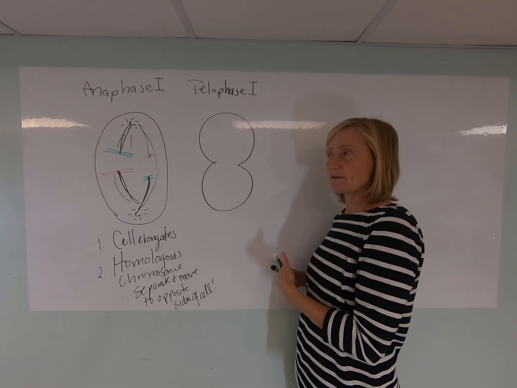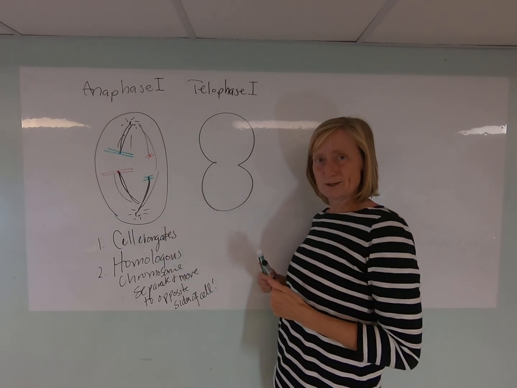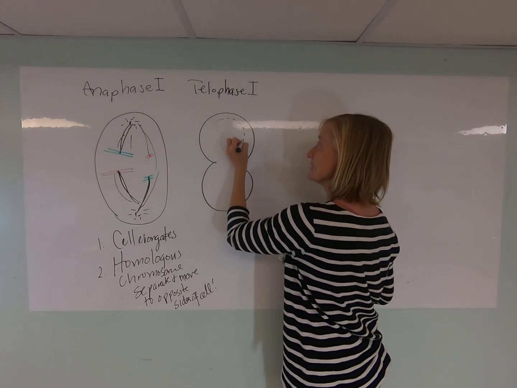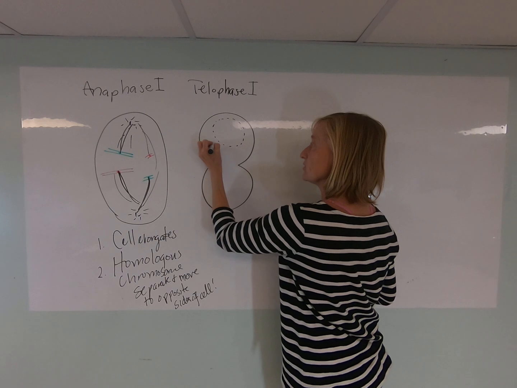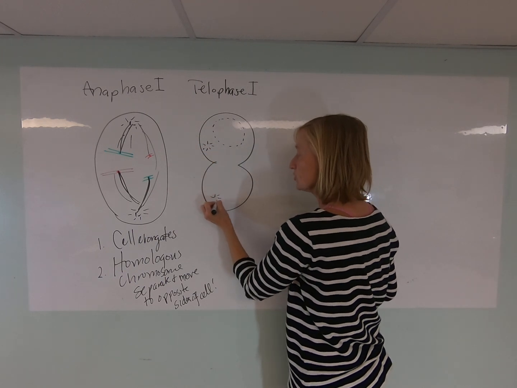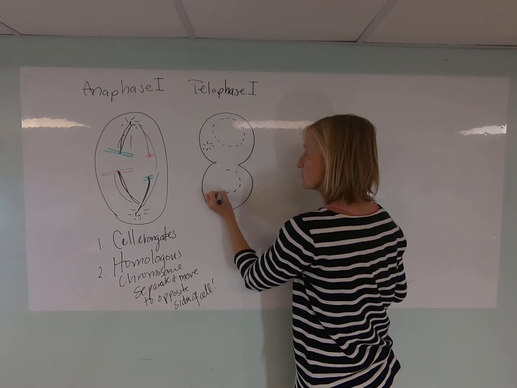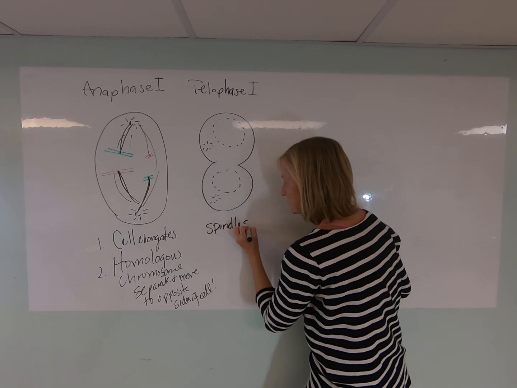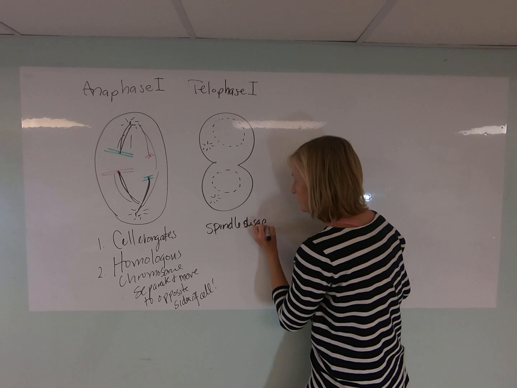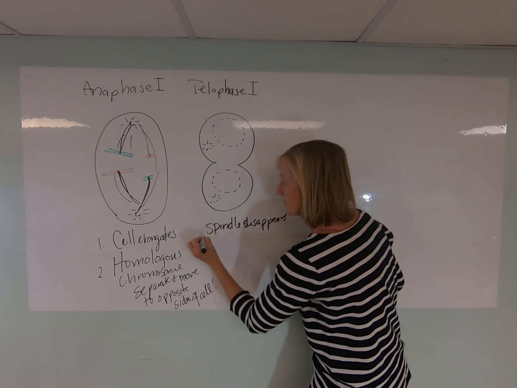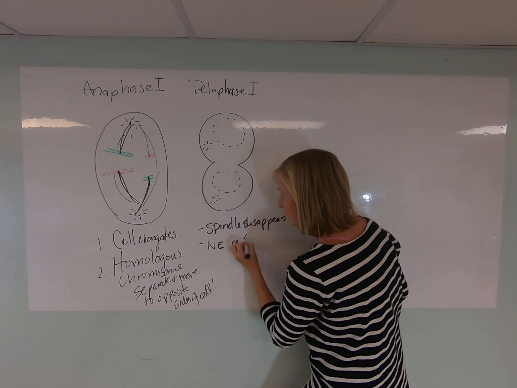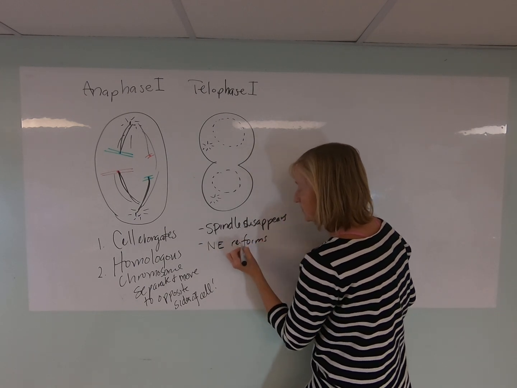Telophase 1 is kind of like the opposite of prophase 1. And so all sorts of things are going to happen. But in telophase 1, the spindle may disappear. Okay, so let's write that in, that the spindle disappears, falls apart, all right? Let's write in that the nuclear envelope reforms around the chromosomes.